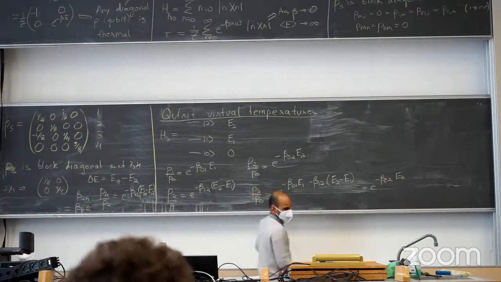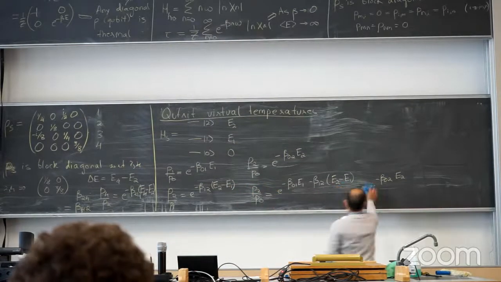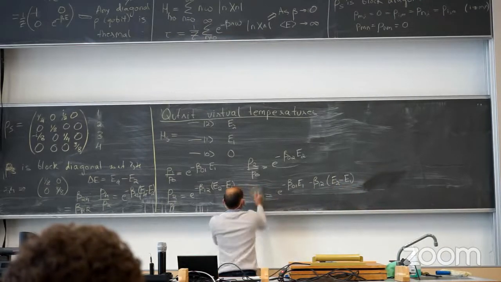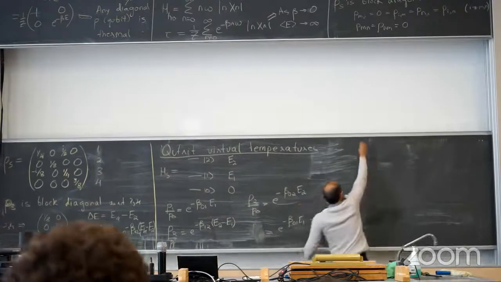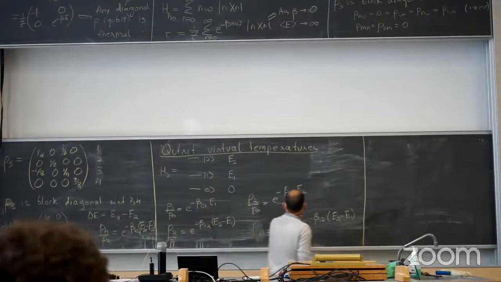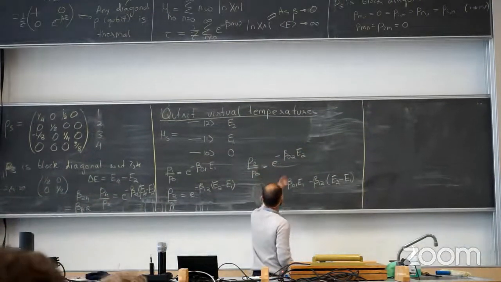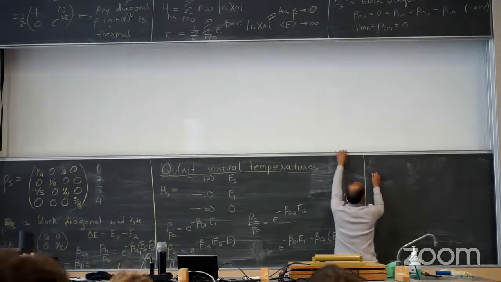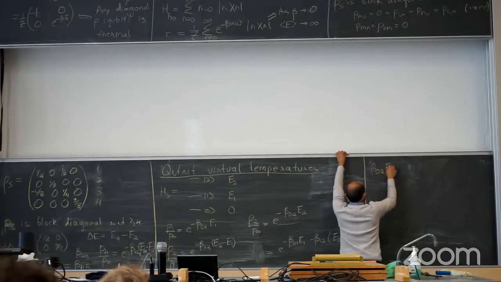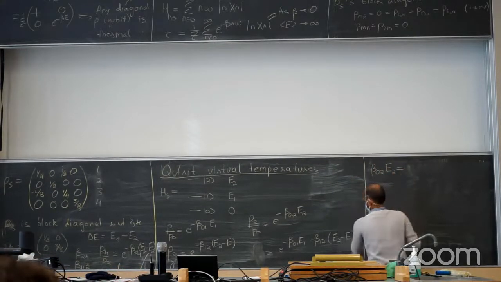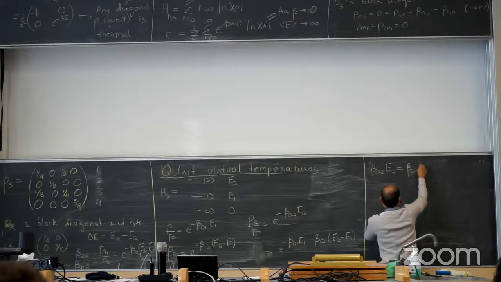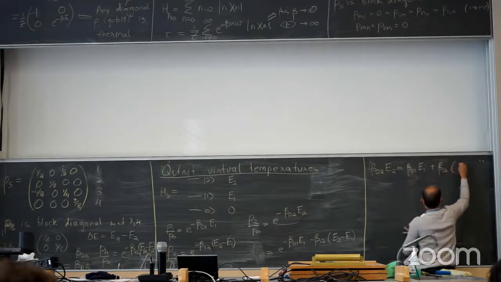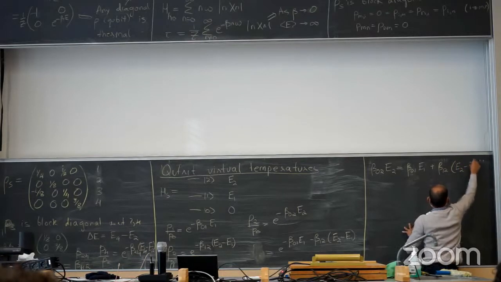All right, I'm going to take this out because I just wrote it on the previous line. So these are both equal to each other. Of course, if the two exponents are the same, then what is in the exponent is also the same. So I get the following equation: beta 02 E2 is equal to beta 01 E1 plus beta 12 (E2 minus E1).